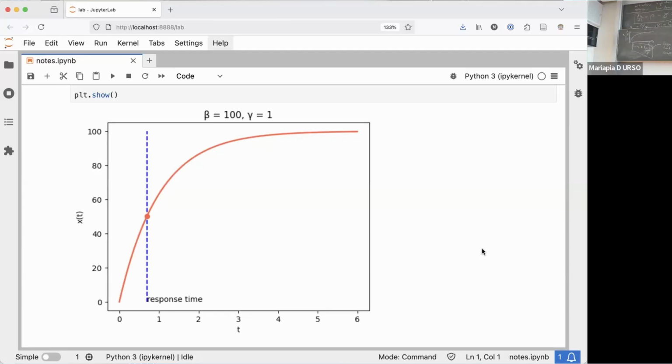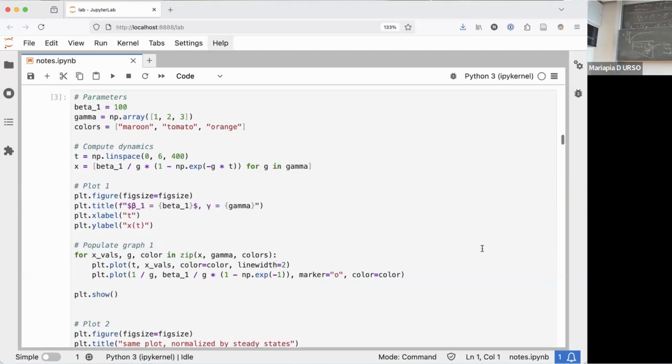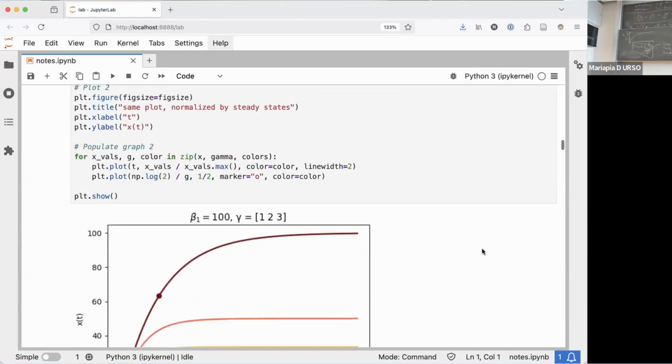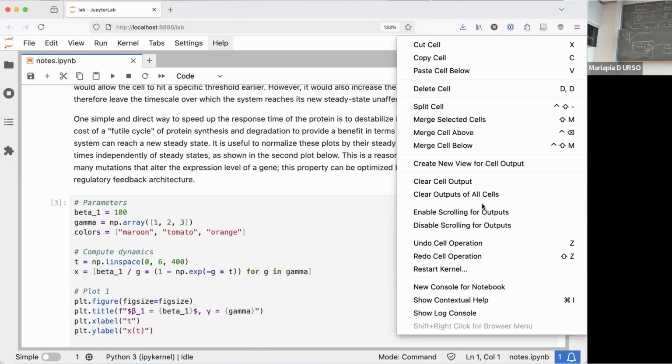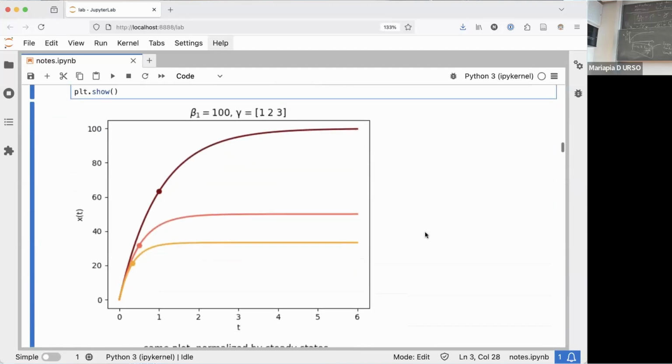The rise time is the time until we reach 50. And now let's change gamma. Let's turn it up. So here we have multiple rise times, with gamma being either 1, 2, or 3. So we're increasing gamma, and we have 3 curves here.